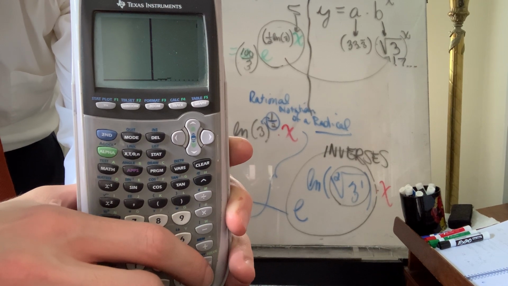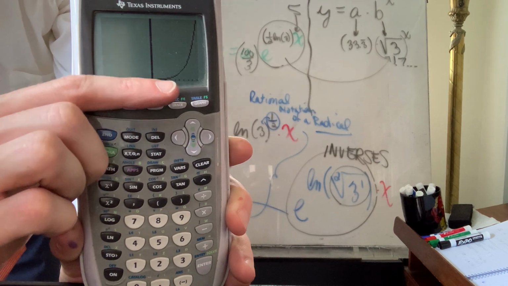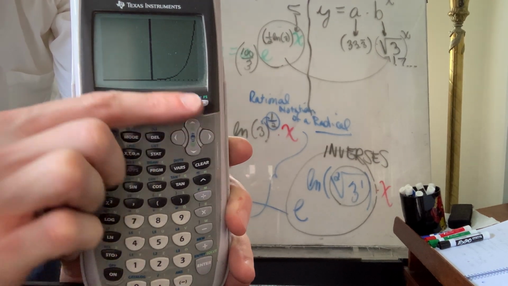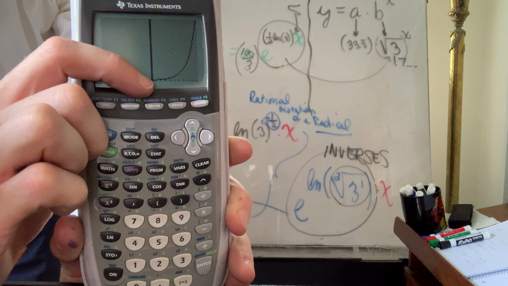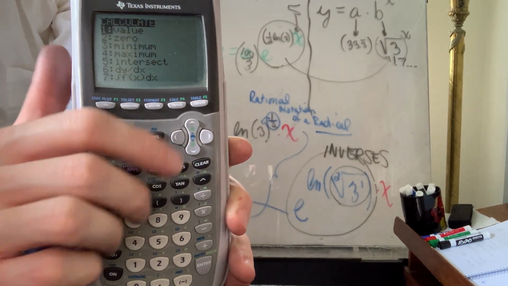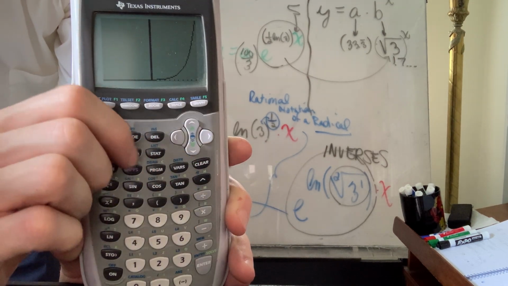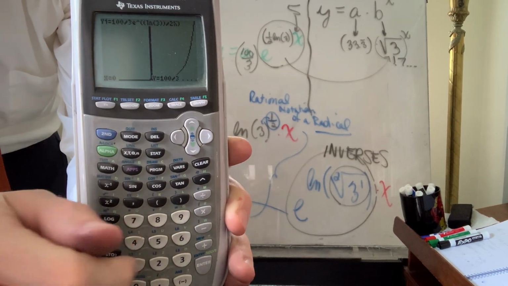No. Well, it's basically showing you the starting point. Like the x-axis would be well below the picture here. So there. All right, now, if you hit second and then graph, pardon me, if you hit trace, you get the cursor where it's supposed to be.